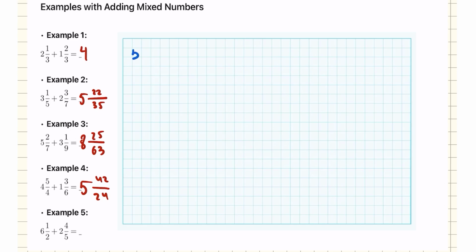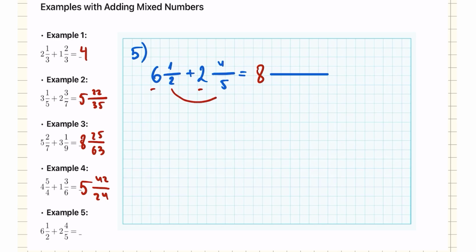And the last one, the fifth one. We have 6 and 1 over 2 plus 2 and 4 over 5. Doing the same thing, we add 6 and 2, we get 8. Then we multiply the different denominators, 2 and 5. We will get 10, and then simply multiply numbers by cross. 5 times 1 plus, now the second pair, 2 times 4, and then we simplify.